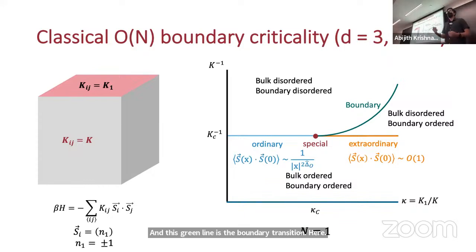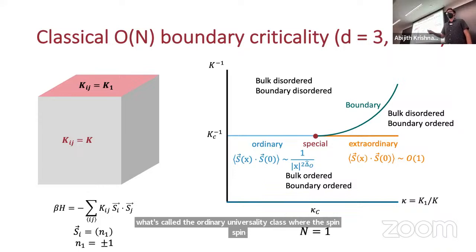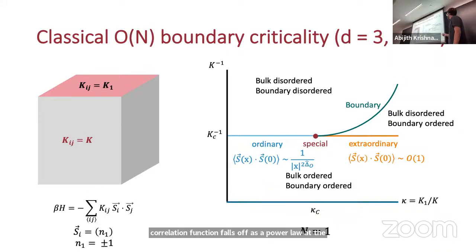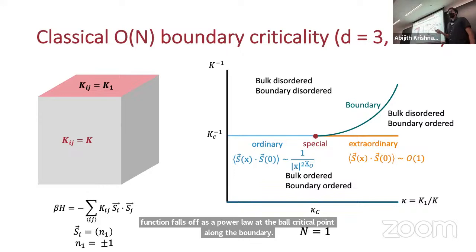Now we can ask what happens once we tune the bulk to its critical point. On this side of the phase diagram, the boundary is disordered, and we end up getting what's called the ordinary universality class, where the spin-spin correlation function falls off as a power law at the bulk critical point along the boundary. On this side of the phase diagram, the boundary is ordered.